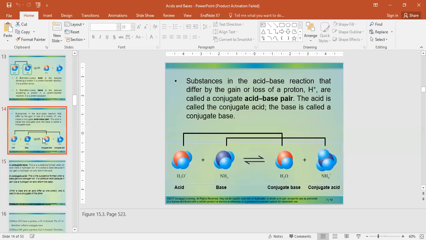Like you can see here, this is a conjugate base that has been formed after an acid has lost a hydrogen ion. And we are calling it a base because it can regain that particular proton and form the acid.